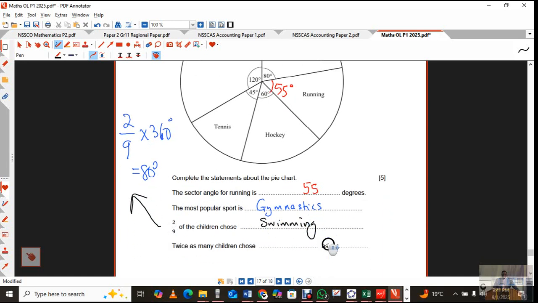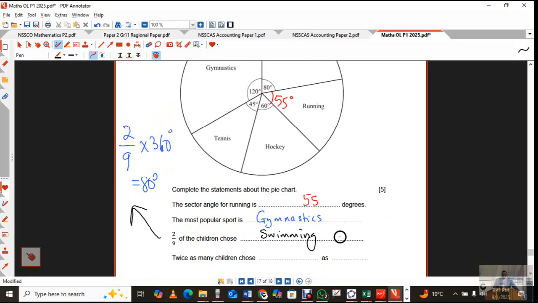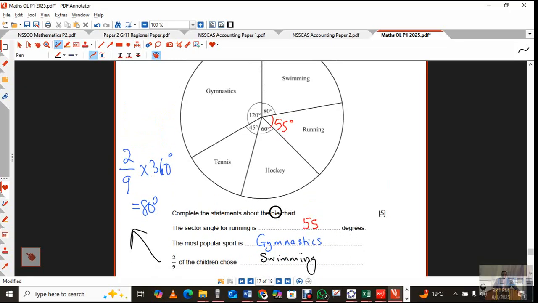Next, I believe there's 5 marks. There's 2 more. Twice as many children chose. Now, which one is twice the other one? 120 is twice of 60.